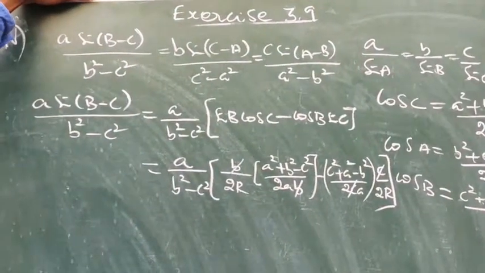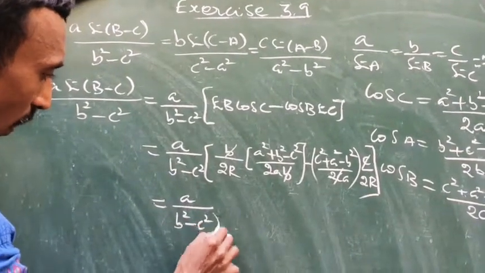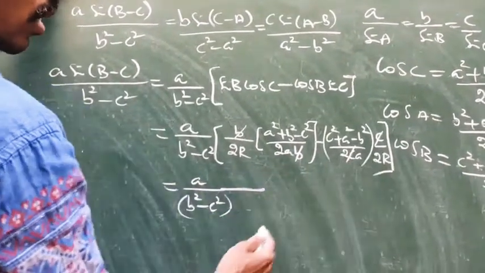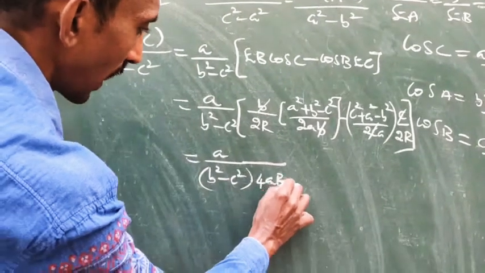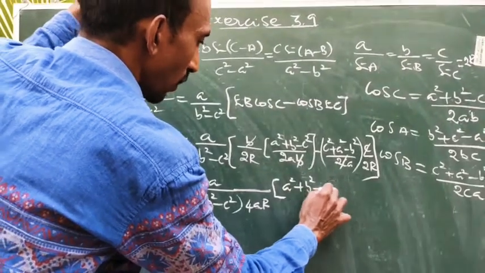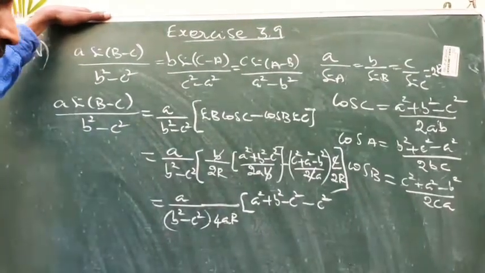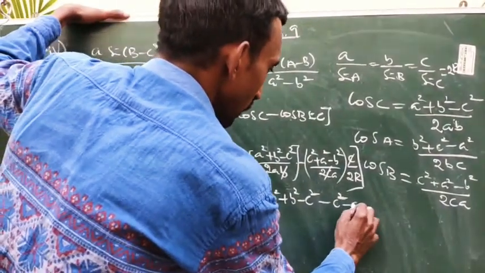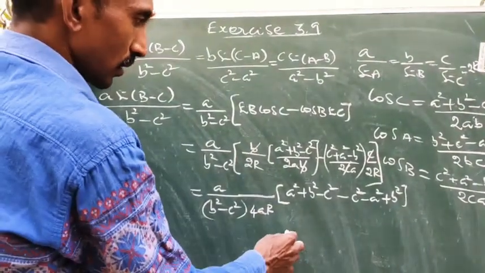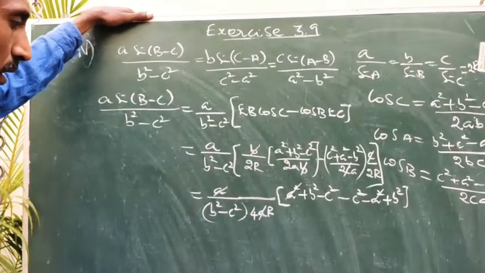Again, a by b square minus c square into, so what is common? 2 into 2, 4aR is common, so we can take it outside. Remaining: a square plus b square minus c square, multiplied by the negative, minus c square minus a square plus b square. Clear? So here a square minus a square cancels, here a cancels.